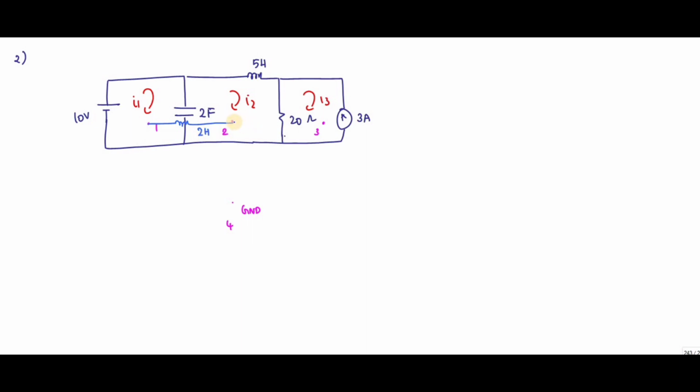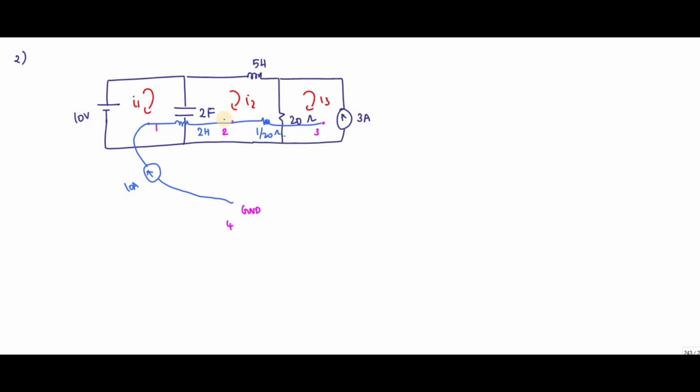Between 2 and 3, I have a resistance that should be replaced by 1 by 20 ohm. And between 1 and ground, I have a voltage source, so that should be replaced by a current source, and it has to go in the I1 direction.